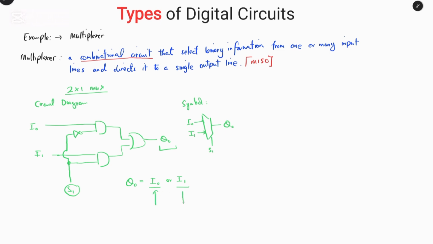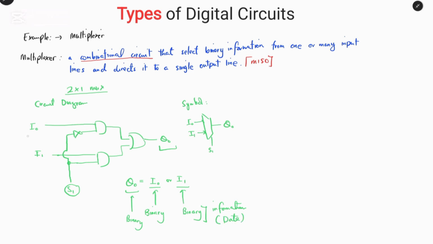And remember that the input of the system is binary, and the output is also binary, and those binary values carry information. So when we talk about binary information, we are talking about the data.